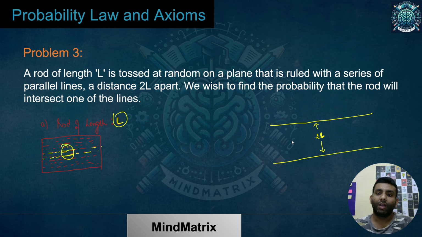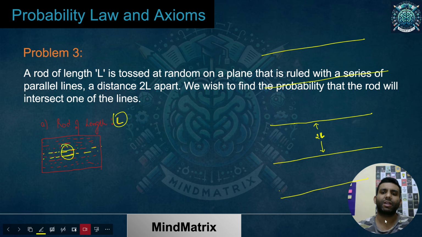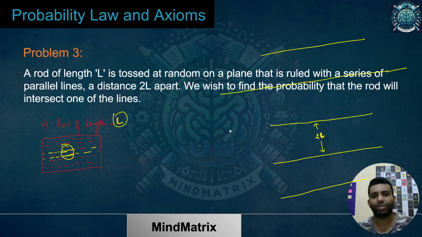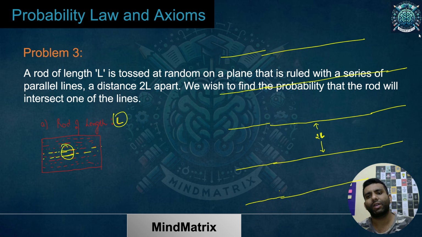Similarly, a number of parallel lines are present, something like this, and this is a big plane we are considering. If I magnify this, something like this would be present. I hope you're getting my point. There is a plane which can be a table or a floor or a simple surface, and on flooring you generally have patterns like that.